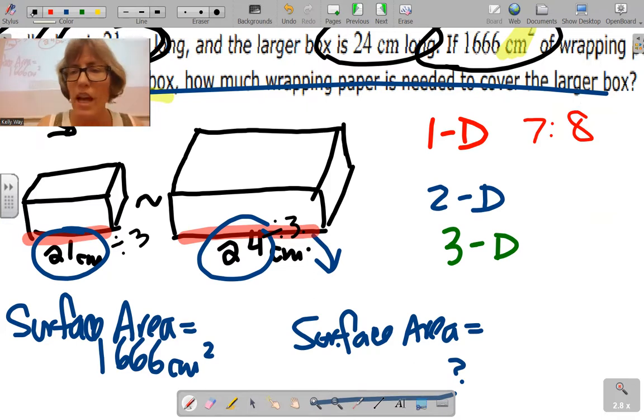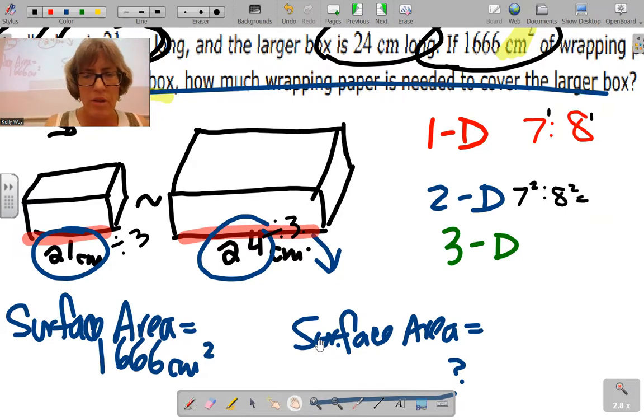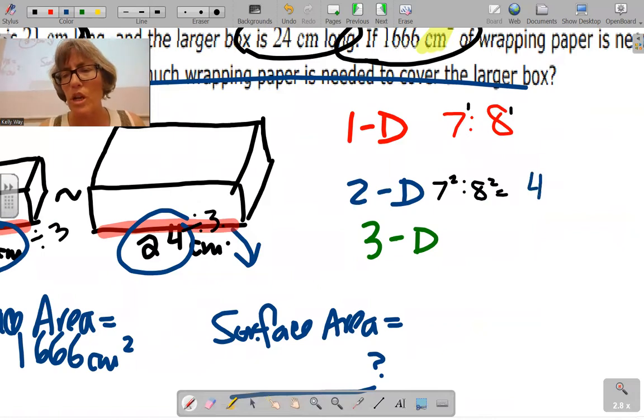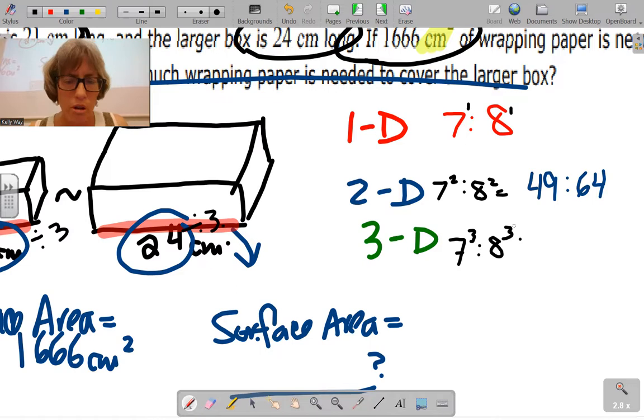Keep in mind, that's the first dimension. Our second dimensional ratio is going to be 7 squared to 8 squared, so 49 to 64. Our three-dimensional ratio, if we're going to use it, I always just do all three just for giggles, is going to be 7 cubed and 8 cubed.